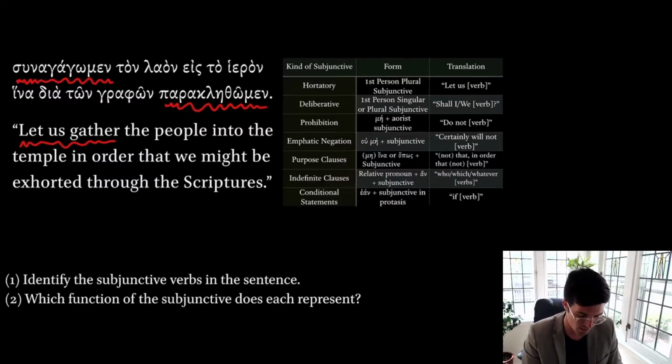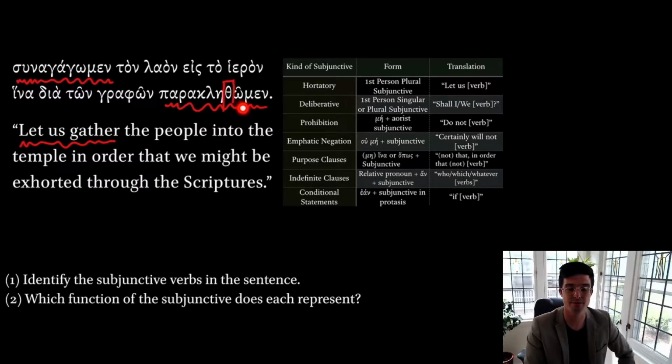And so one thing I want to call attention to here is this theta in there. This is our clue to what? What does this theta in combination with the long connecting vowel tell us? That's right, that we have an aorist passive. So the action is happening to us. We might be exhorted. So notice that "be exhorted" gets the passive sense. The action is happening to us.